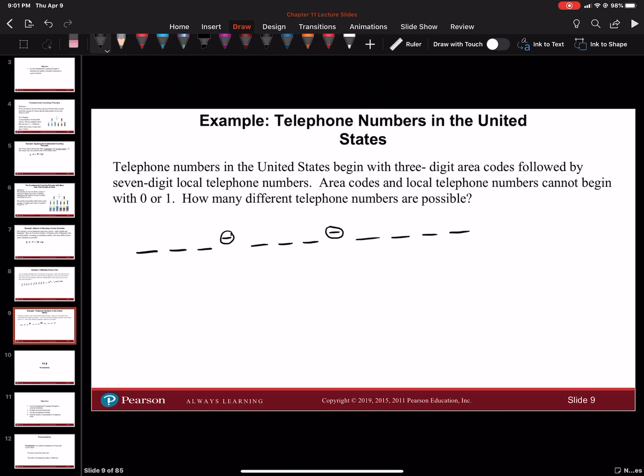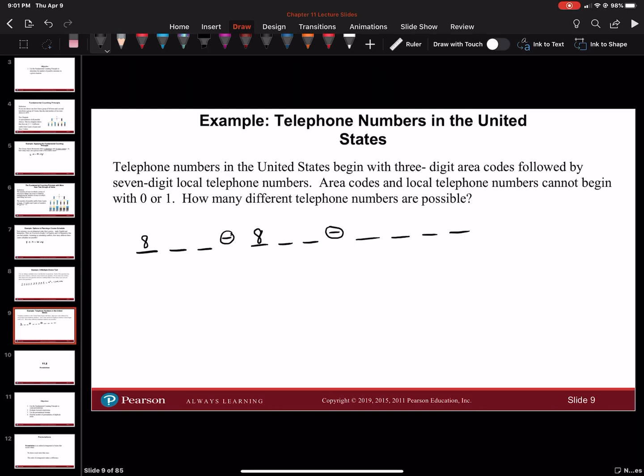So we know it can't be 0 or 1 for the first digit in the area code or the local number. Now from 0 to 9, there are 10 numbers. Since it can't be 0 or 1, we know that the first digit has 8 different choices, because you took away 2 of them.